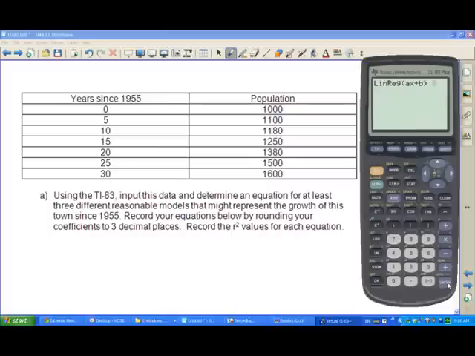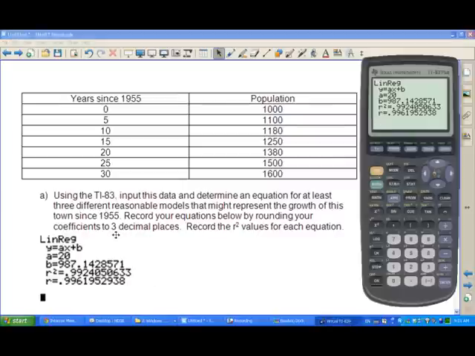So I hit enter to select linear regression. I hit enter again, and the calculator figures out my A value, which corresponds to my slope, my B value, which corresponds to my y-intercept, but more importantly for us, it calculates the r-squared value of this data. So you can see the r-squared value for the linear regression is 99.2.